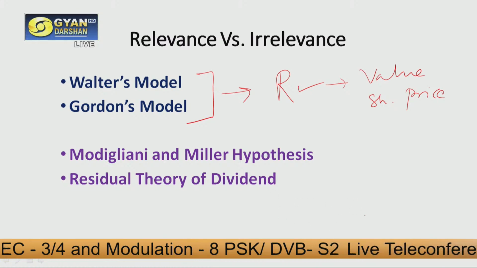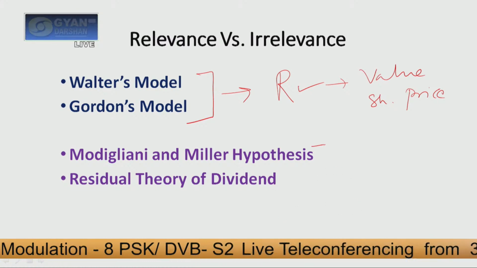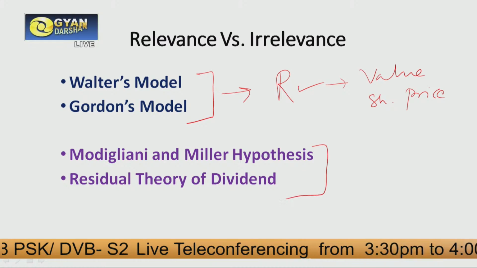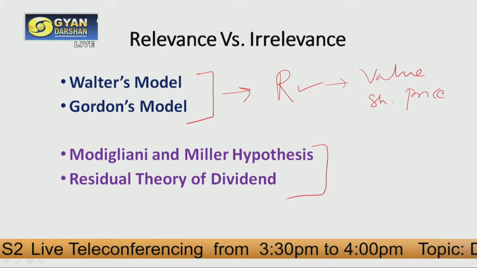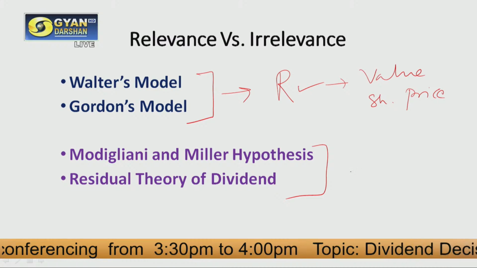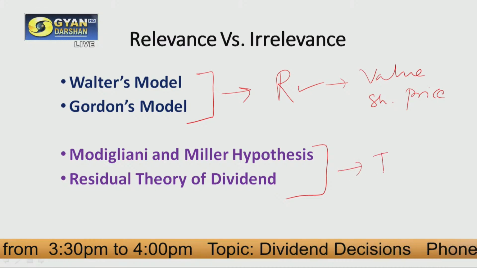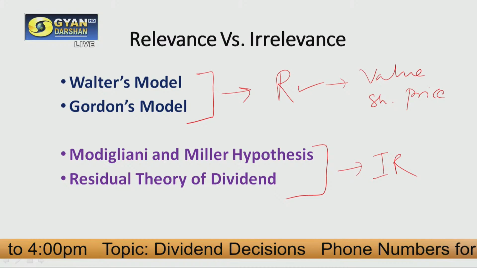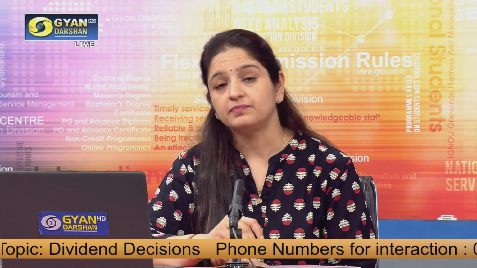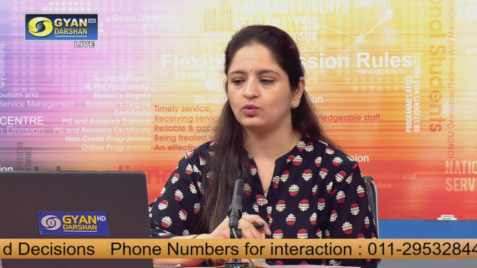According to these 2 models, whatever decision you make for distributing your dividend, it is not going to impact the shareholders' share price as well as the value of the firm. That is why these 2 models are known as irrelevance models of dividend decisions.